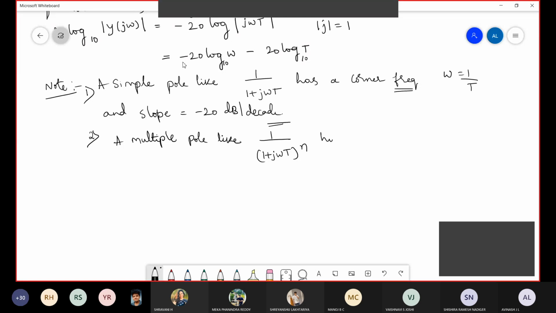So this particular thing has a corner frequency omega equal to n by t.